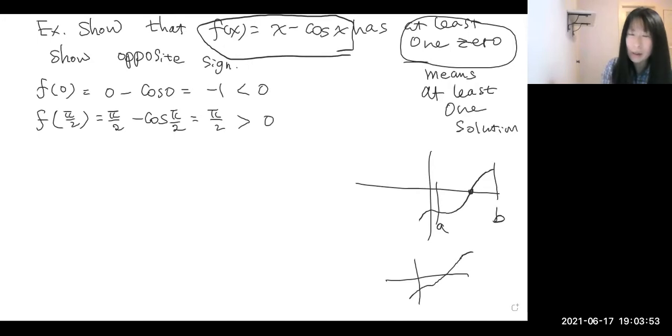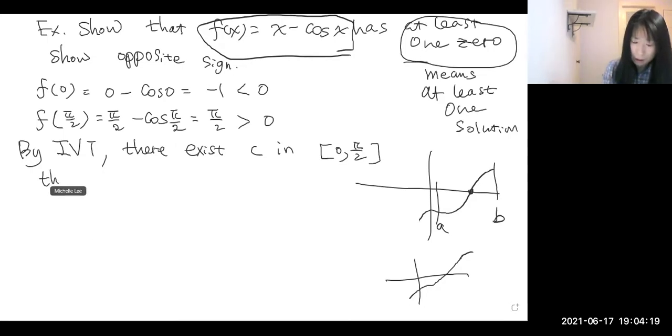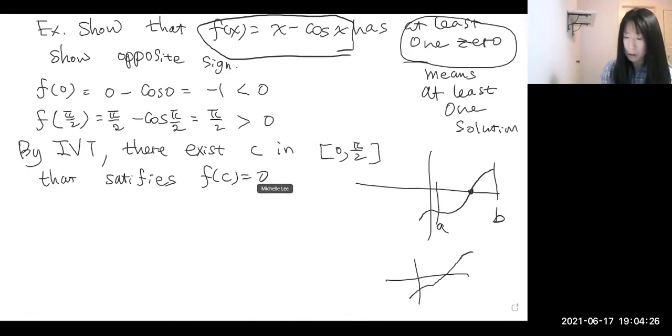So we can just say that by the intermediate value theorem, let me denote IVT, that means intermediate value theorem, there exists C in (0, pi over 2), we just set it up, that satisfies f of C equal to 0.